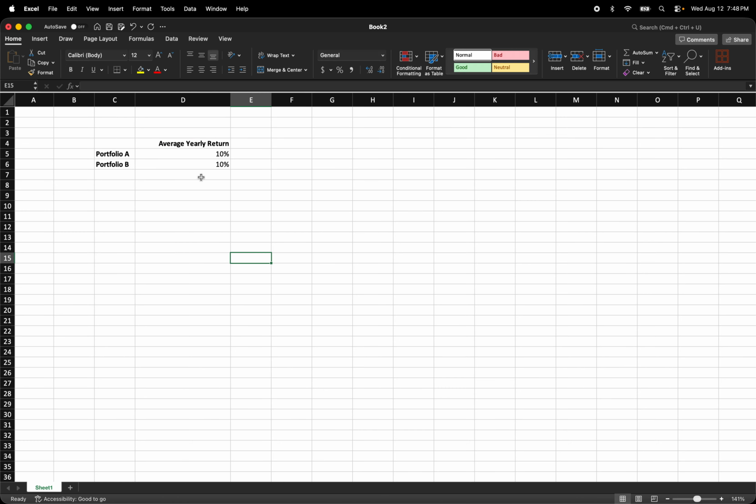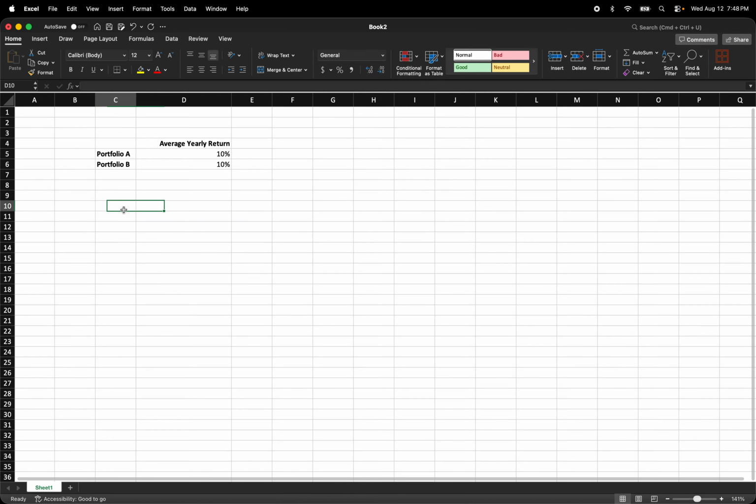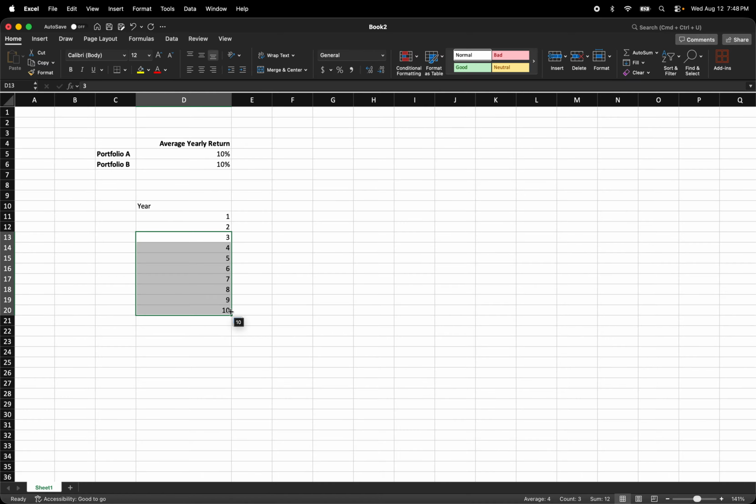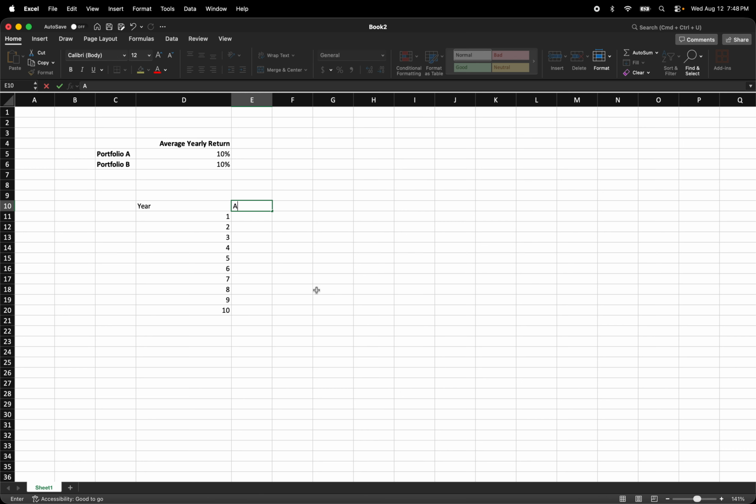Now, which one is better? If you think they're both the same, you're wrong, and let's see why. Let's look at it over 10 years, just as an example. We have portfolio A, and then B, both at 100,000.